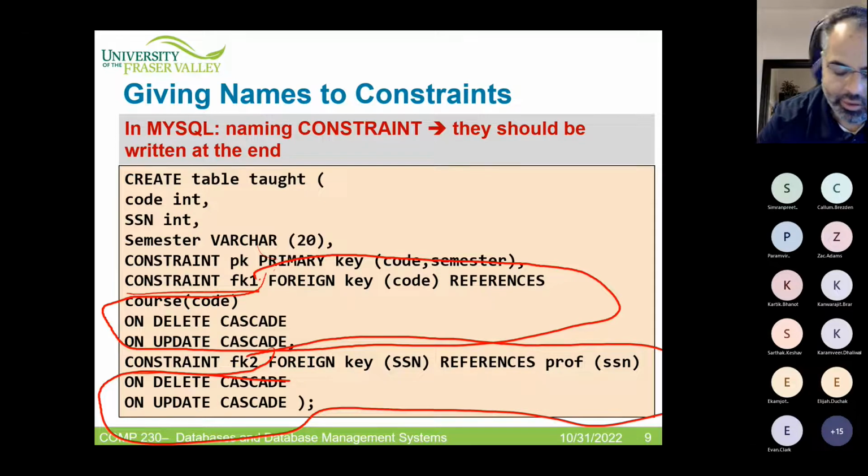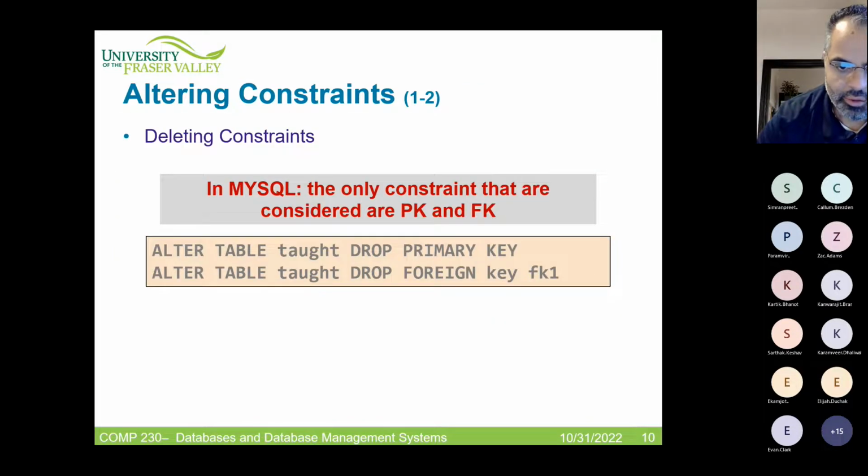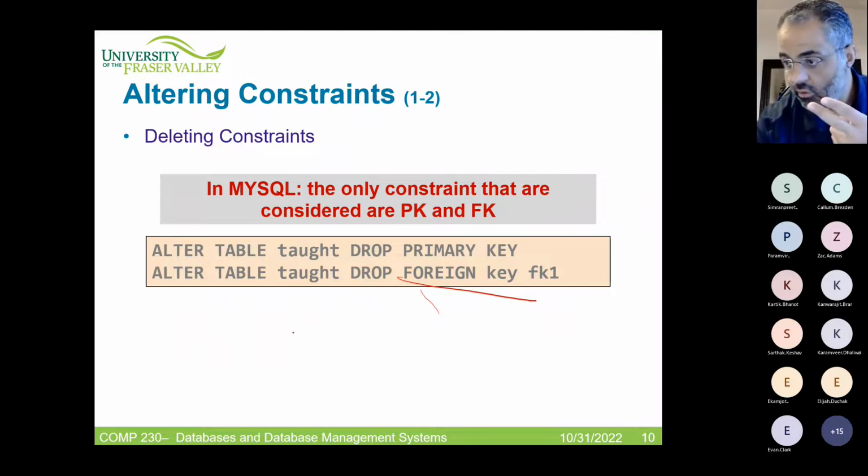Why do I have to do this? Because later I can go ahead like here and say, okay, you as SQL, please alter table as we did before, and drop foreign key fk1, or I can drop the primary key. We have already done this. Because if I say drop foreign key, which foreign key would it be? It would be both.